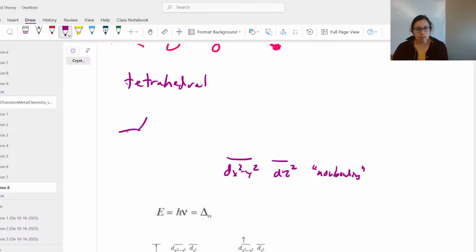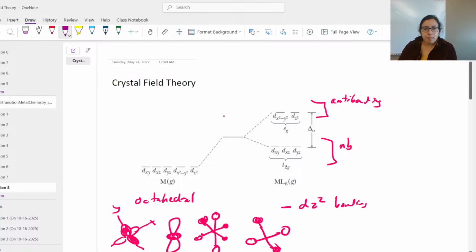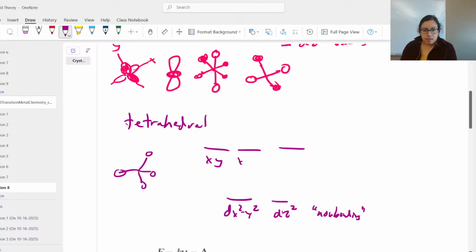And again, tetrahedral is a little more difficult to visualize in your mind without doing the irreducible representations, but that's okay. So xy, xz, and yz. So you can kind of imagine them interacting with our planes evenly. And so again, this is our anti-bonding.